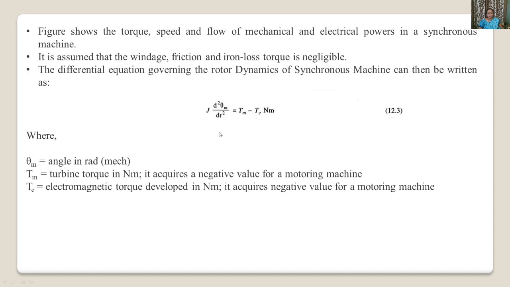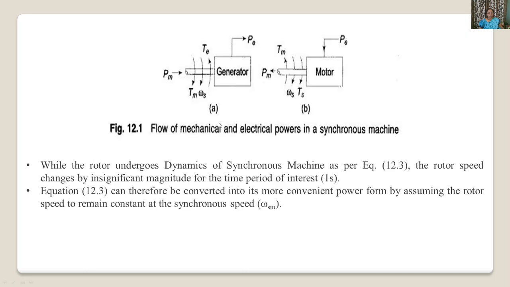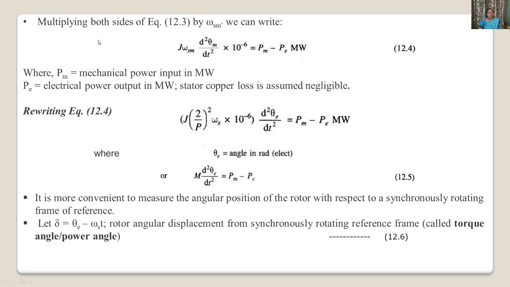This equation 12.3, J d2 theta m by dt square is equal to Tm minus T, can be converted into power form by multiplying both sides by omega Sm.